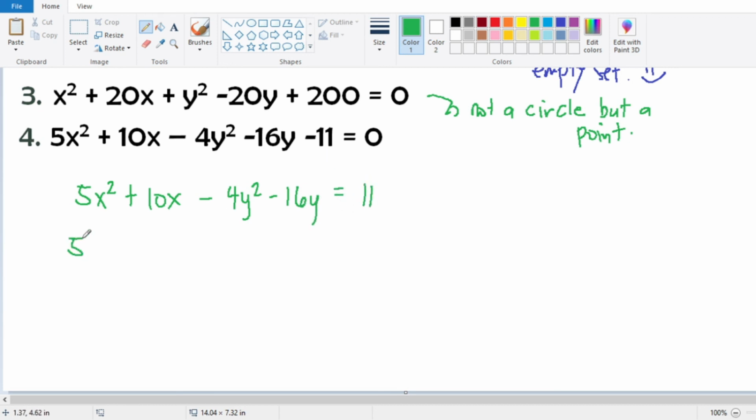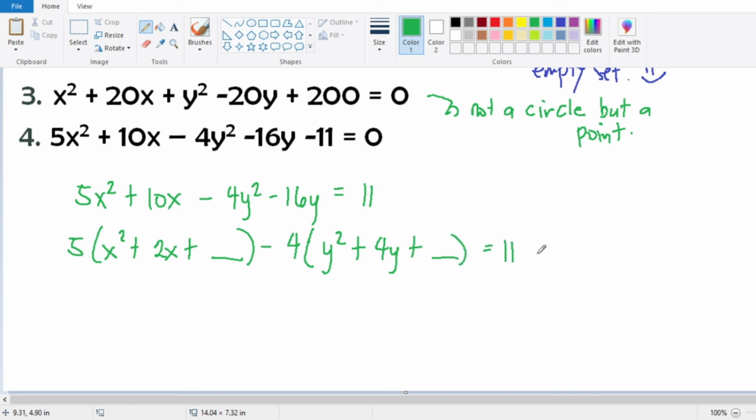Okay, factoring out 5, you have x squared plus 2x plus a missing number, completing now the squares, minus 4 times y squared plus 4y plus a missing number, 11 plus 5 times blank, minus 4 times blank. Okay?